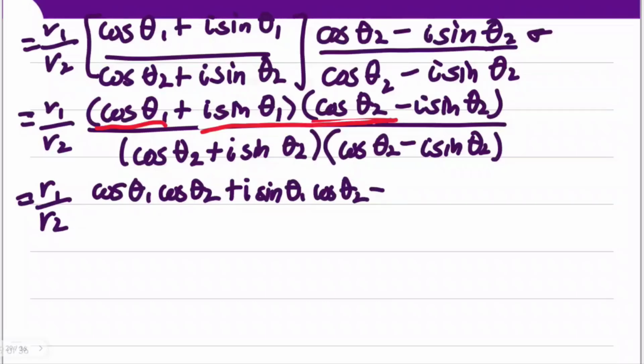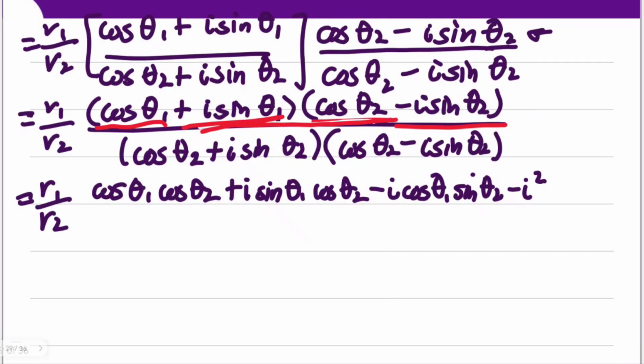Outer: minus i cosine theta sub 1 sine theta sub 2. And finally, the last terms. Negative times positive would be negative, so minus i squared sine theta sub 1 sine theta sub 2. Okay, that's for the entire numerator.